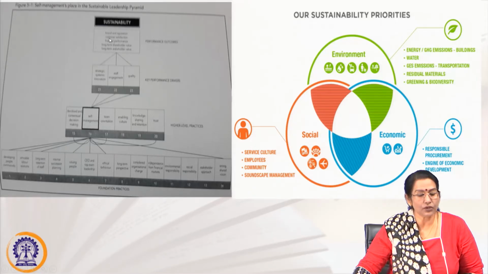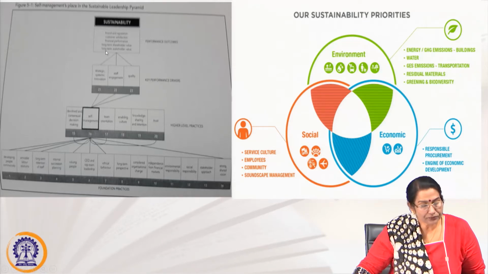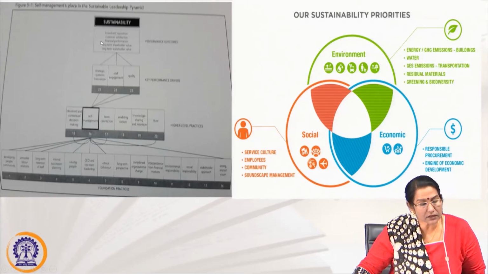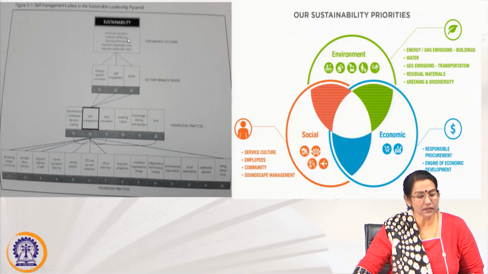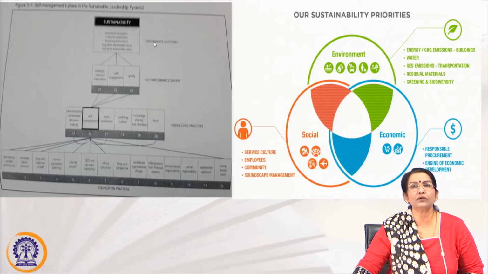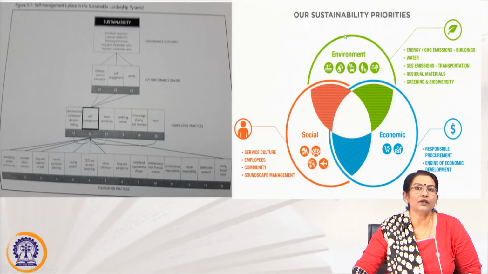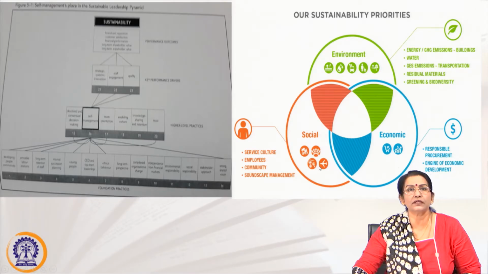The performance outcomes relate to what we have already discussed, the key stakeholder values and key performances. Similarly, the sustainability priorities we have already discussed are environment, economic aspect and social dimension.